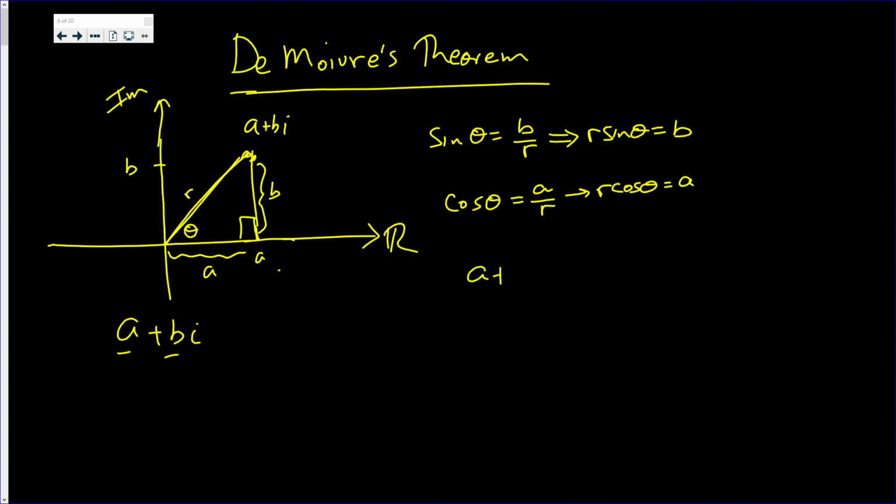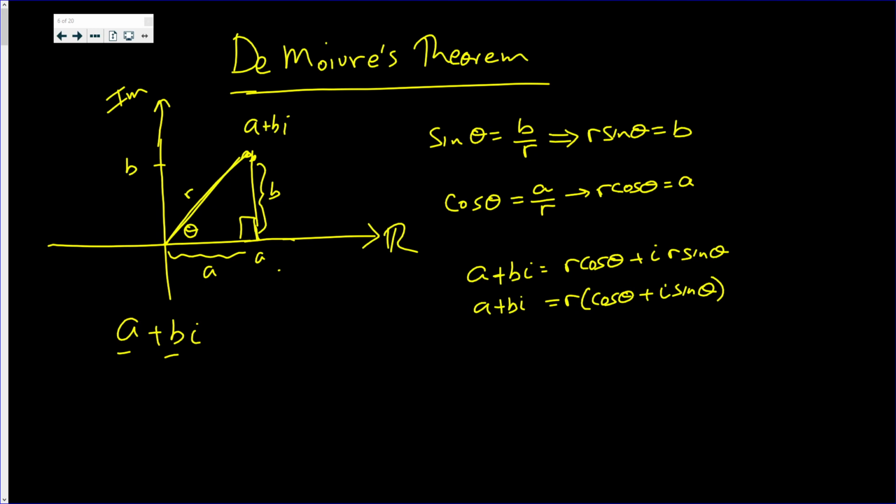So a plus bi is r cosine theta plus r sine theta times i, and we can factor out the r. So a plus bi is r times cosine theta plus i sine theta.